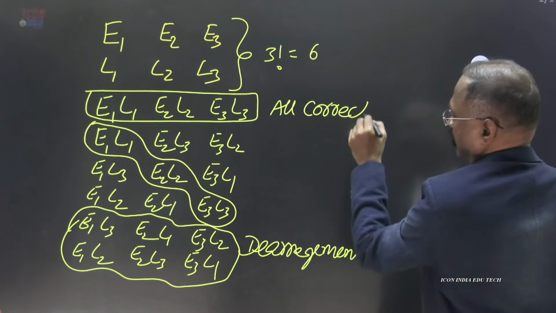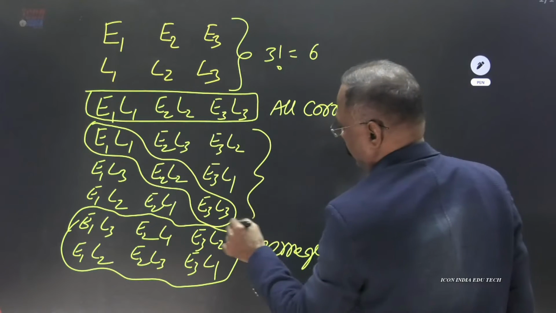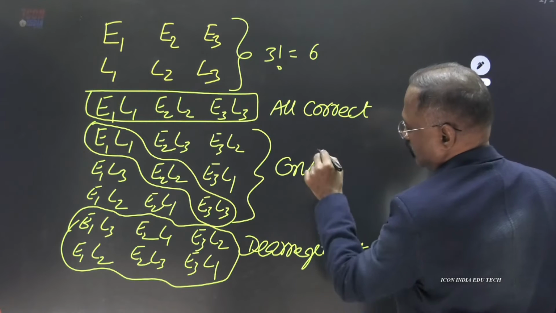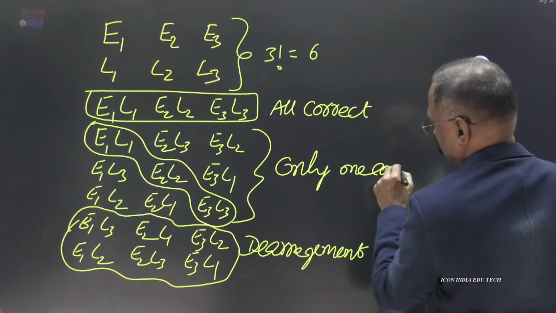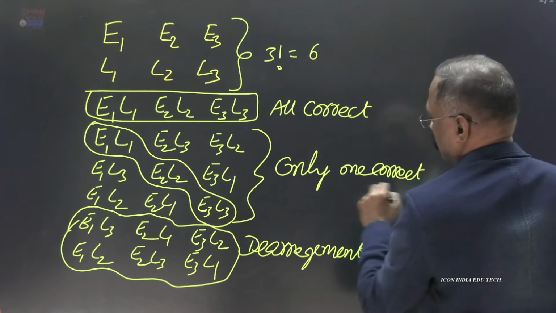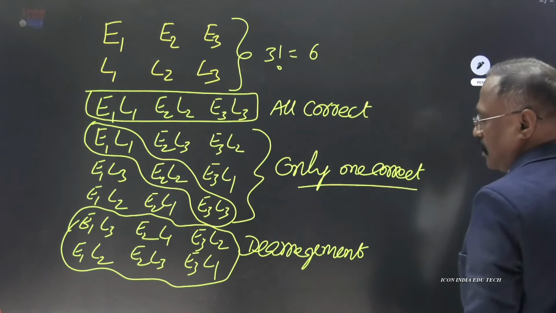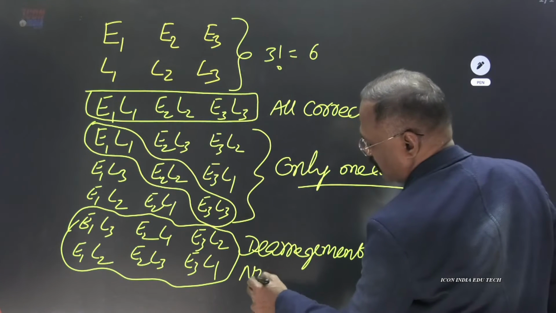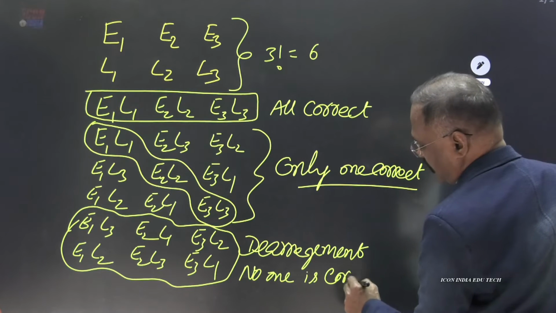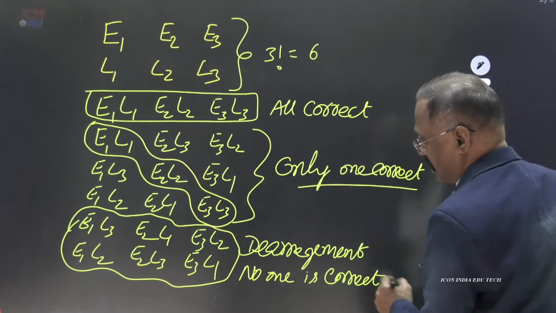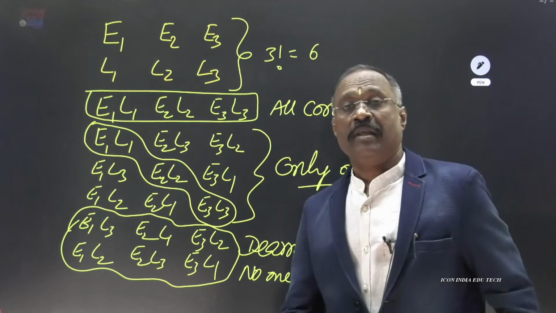In these 3, only 1 is correct. In this one, no one is correct. No one being correct is nothing but the de-arrangement. Understand that, please.